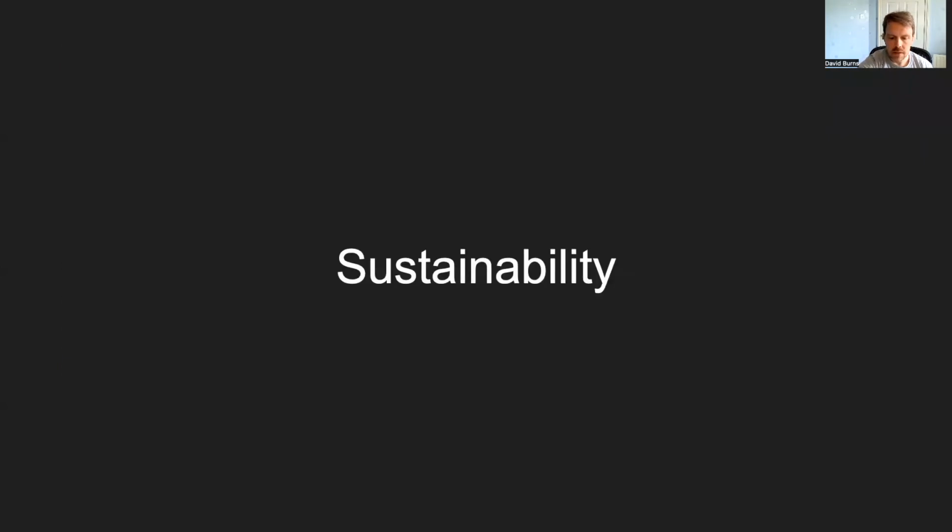And so the other thing that I wanted to check when going through all of these steps was the sustainability. How could we maintain sustainability in an open source project?